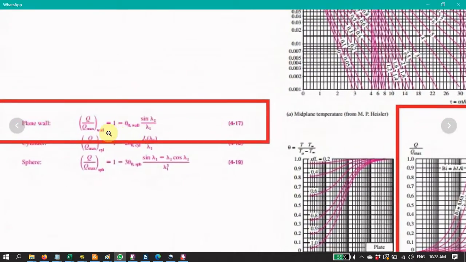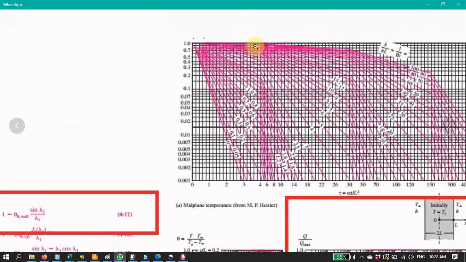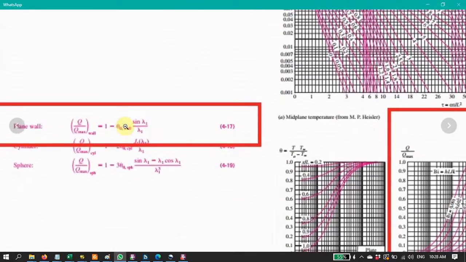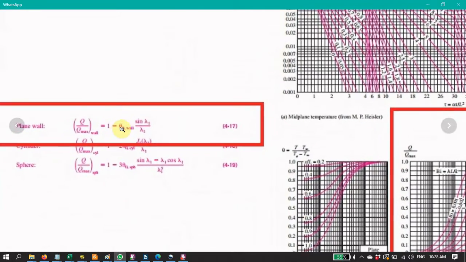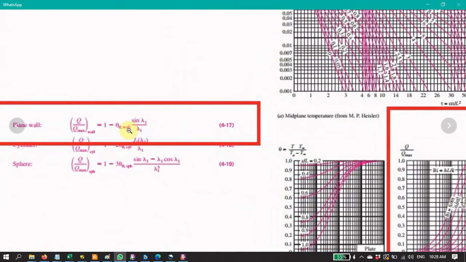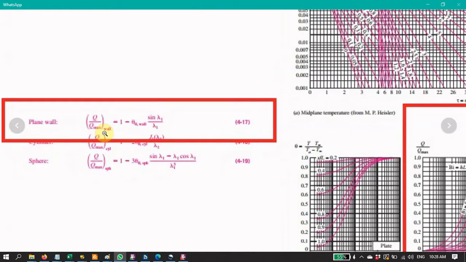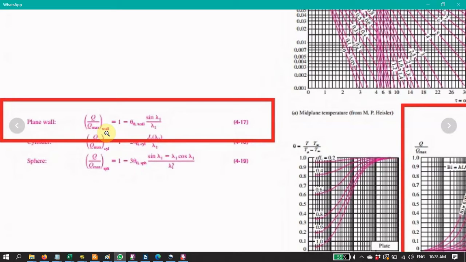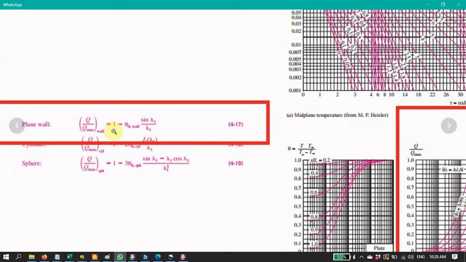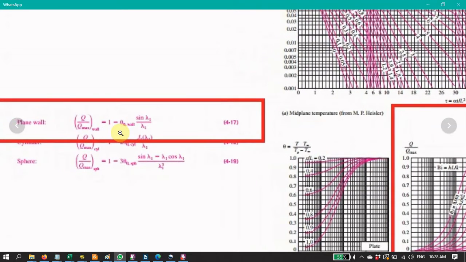If the dimensionless temperature at the center, theta zero, which is defined by the body temperature minus T infinity, reaches the fluid temperature, it becomes zero. So when the ratio of Q, the amount of heat, divided by the maximum Q that you can calculate using the energy balance is equal to 1, it means that our system has already reached the fluid temperature.